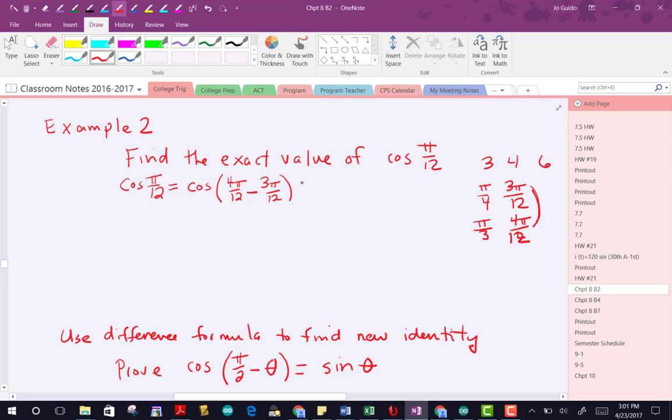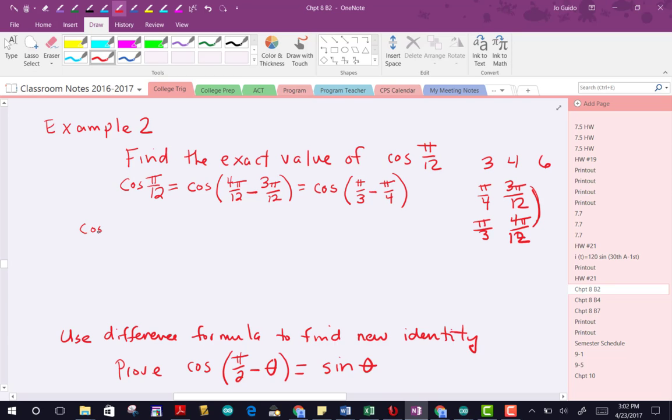Okay, so the formula for this one is the cosine of A, so the cosine of pi over 3, times the cosine of pi over 4, opposite sign, so this is plus the sine of pi over 3 times the sine of pi over 4.